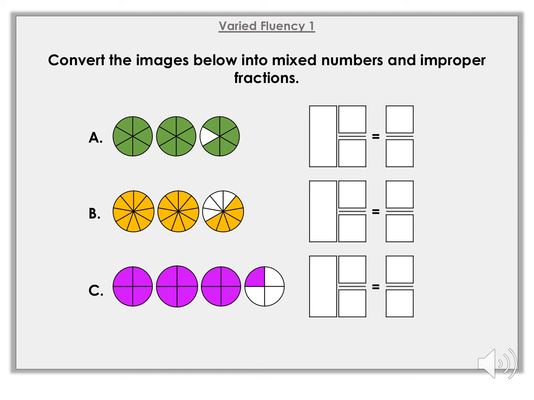To change that into an improper fraction, I count up all of my little pieces. So I could say 4, 8, 12, and then there's one more, 13 out of 4. Hope that makes sense. Or I could say 3 multiplied by 4 is 12, add 1 is 13.